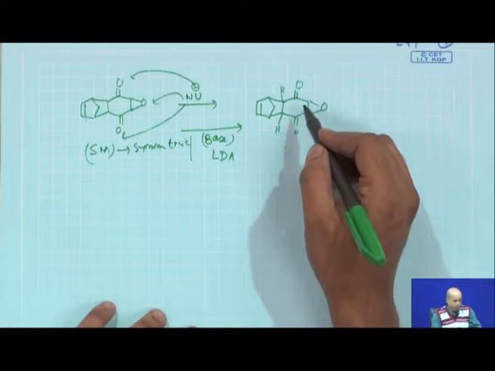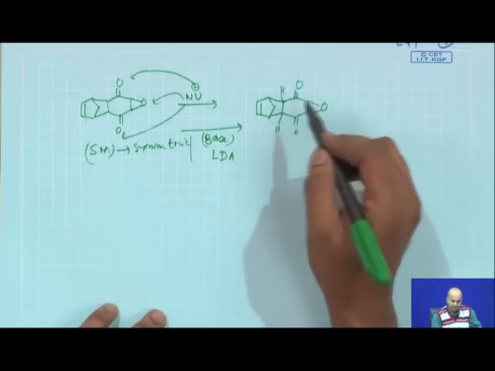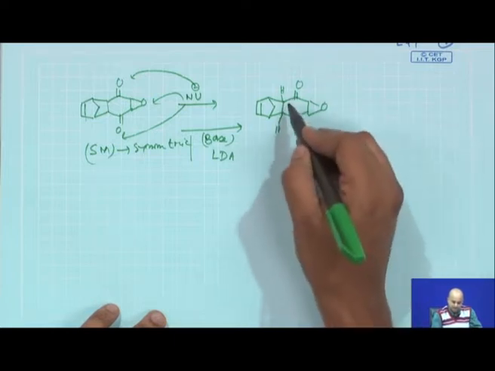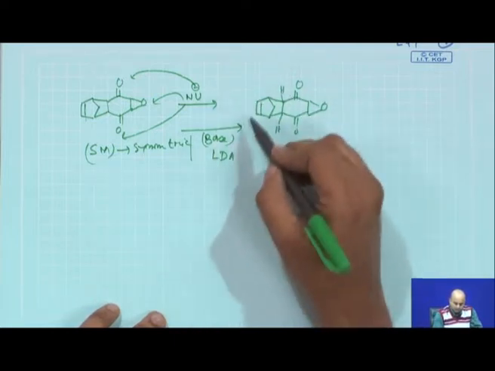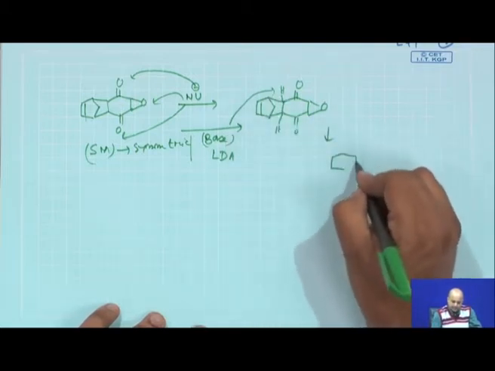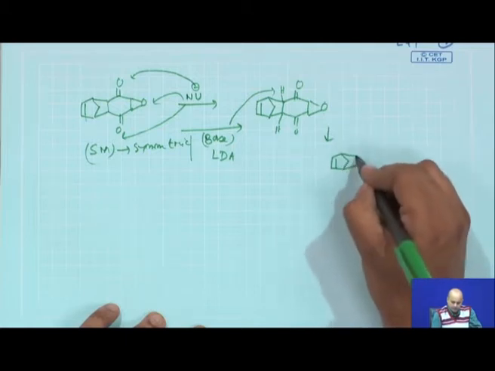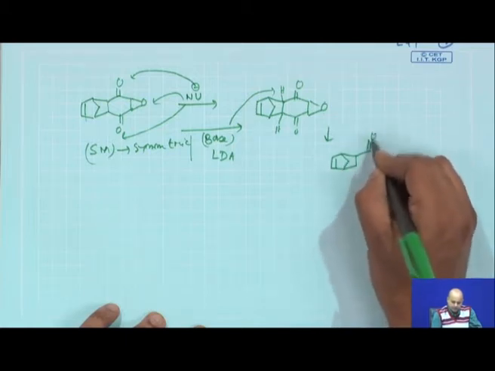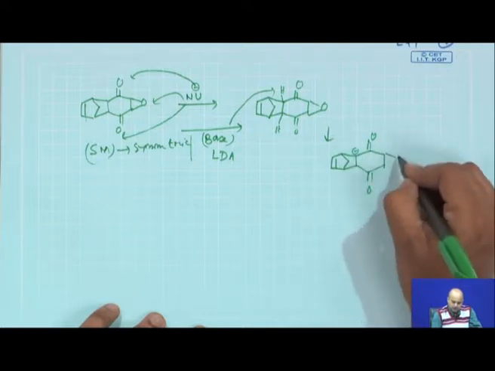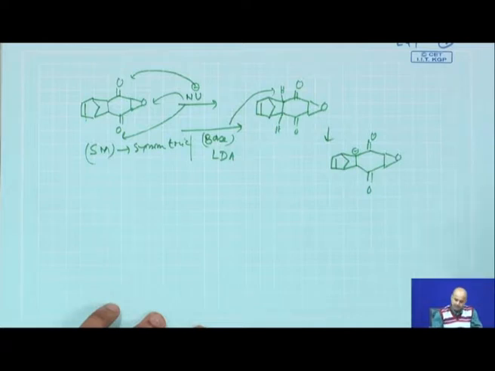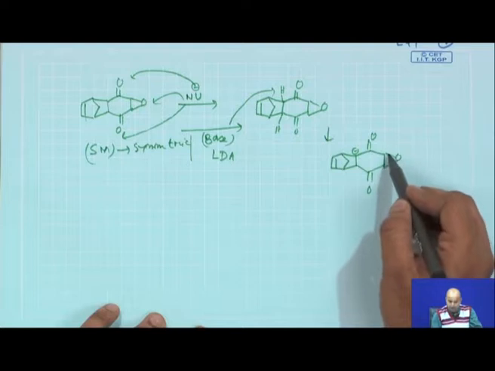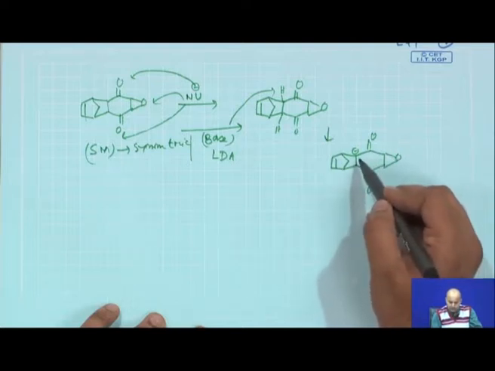Okay. So, in principle, initially if you think that you have a base, this base will abstract this hydrogen and will give you this carbanion. Now, a Favorskii kind of reaction may take place because you have an electrophilic quencher in the form of the epoxide.